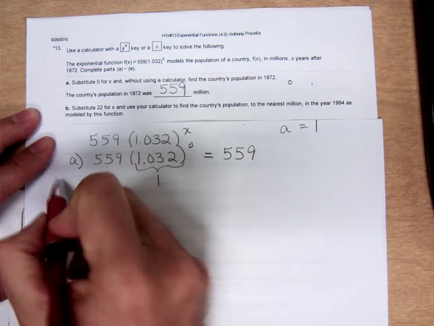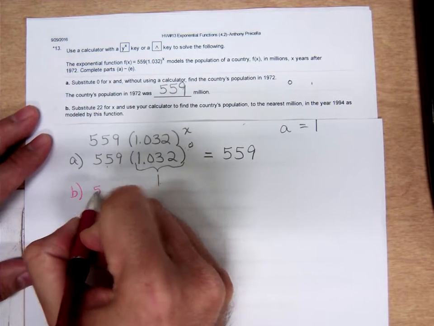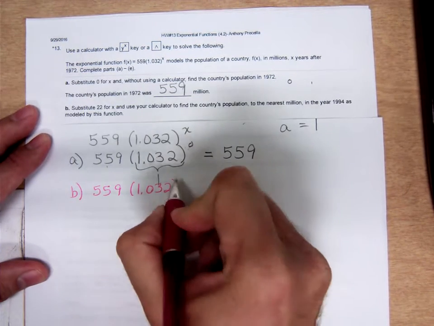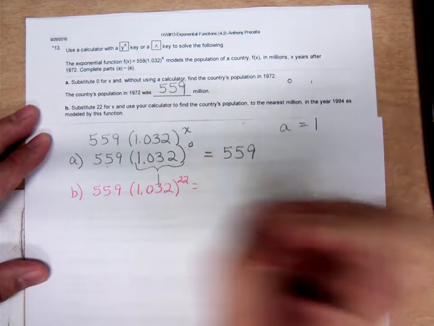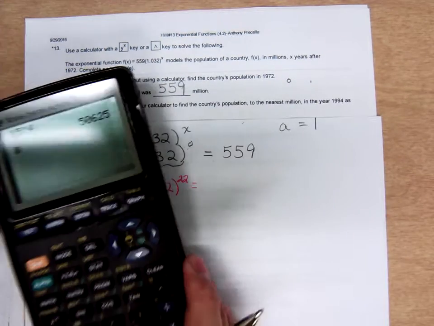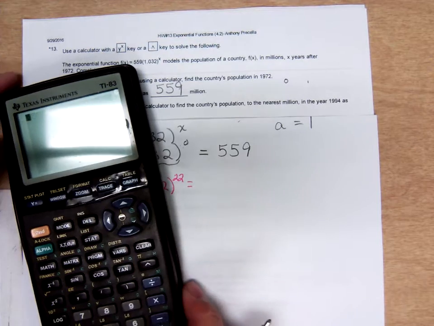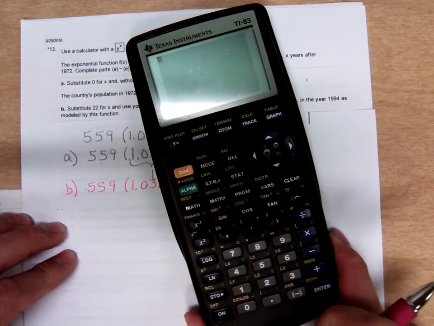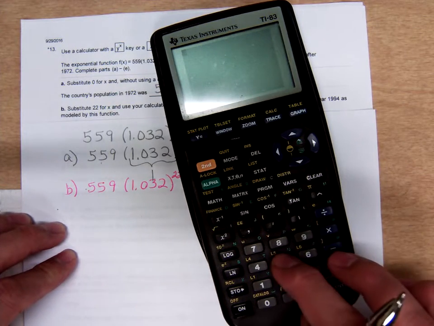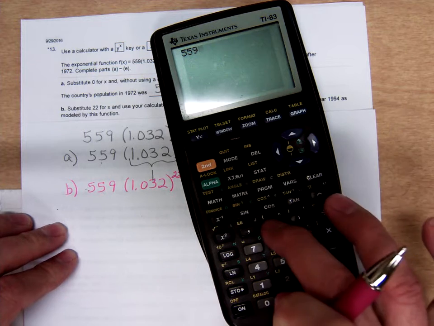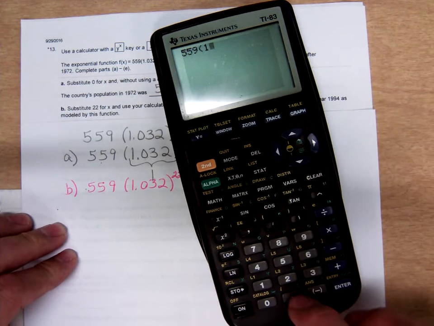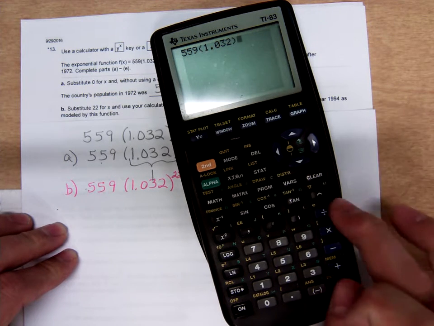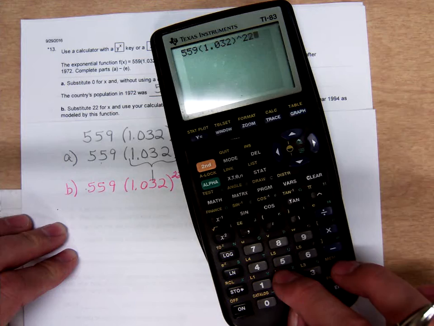So for B, we'd have 559 times 1.032 to the 22 power. Plugging in 559 parentheses 1.032 close parentheses, little caret top, 22.